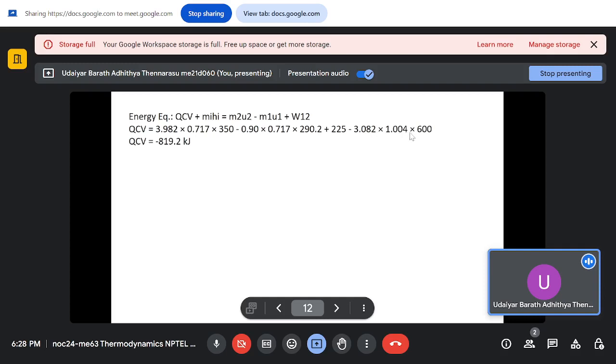Cp is 1.004 and your air temperature is 600 Kelvin. So substituting that, you will find out your Q is minus 819.2 kilojoule. So this is the amount of heat which is rejected during the process.